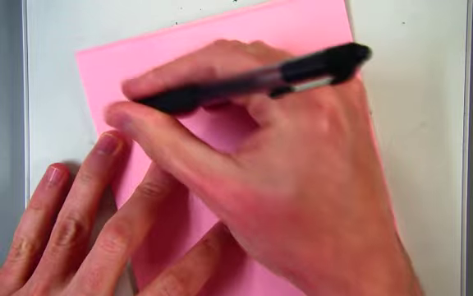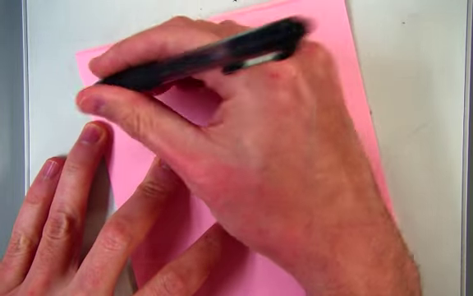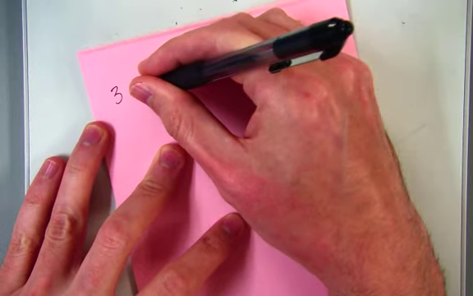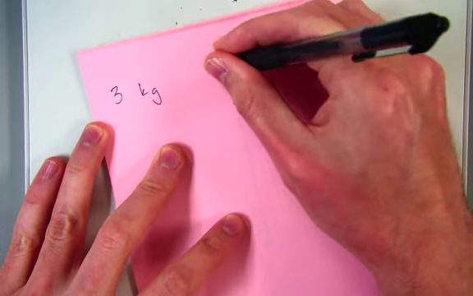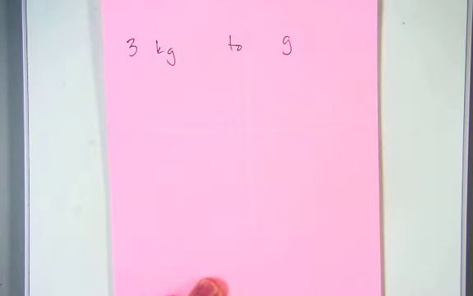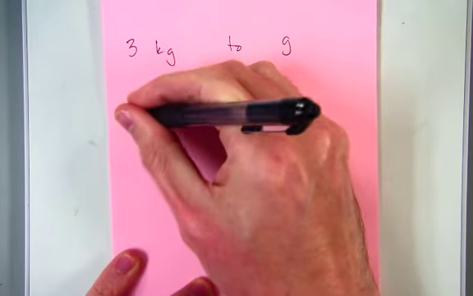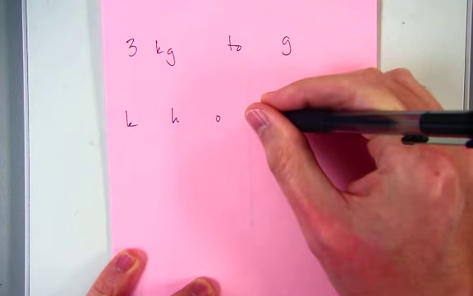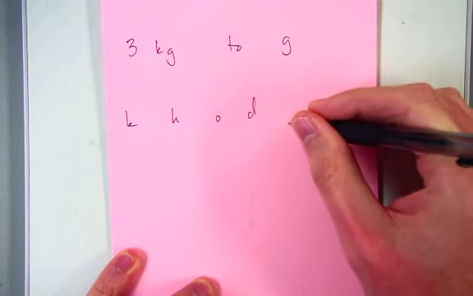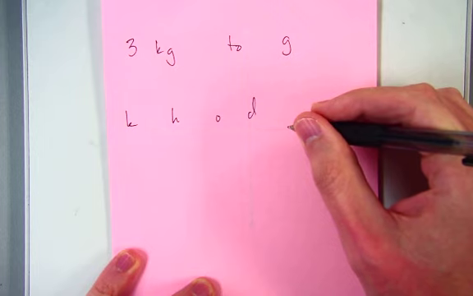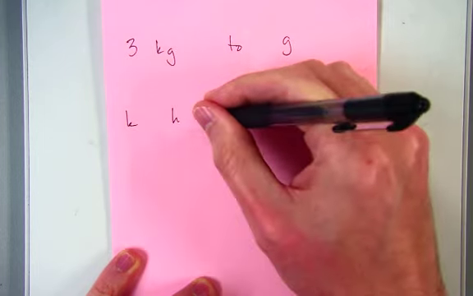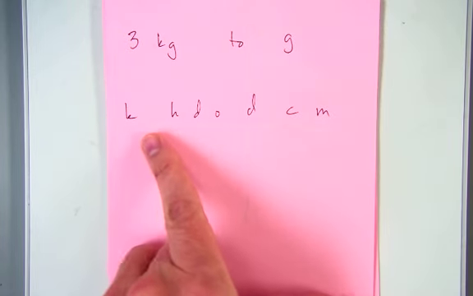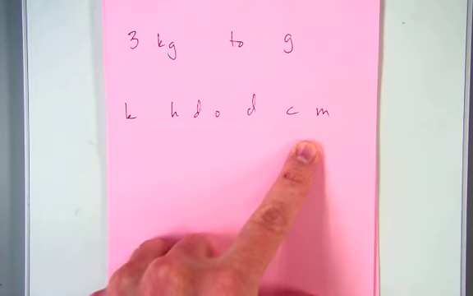So let's change 3 kilograms to grams. Okay, so I'm going to start by writing down the chart. So I just use my little mnemonic device to write these things down.